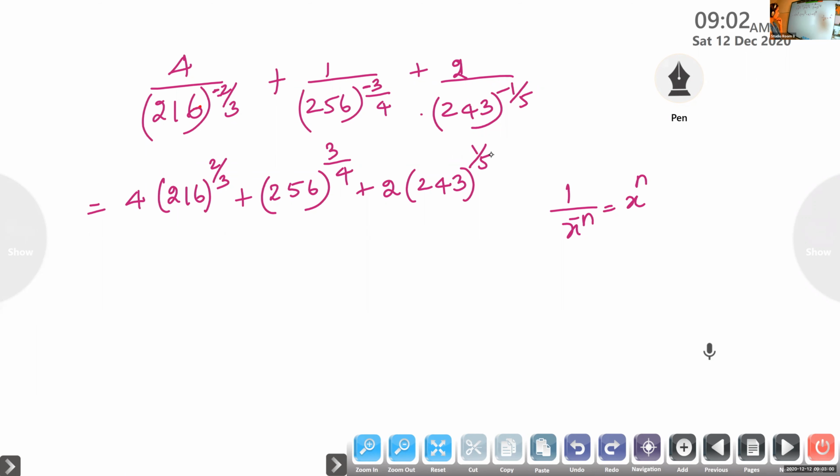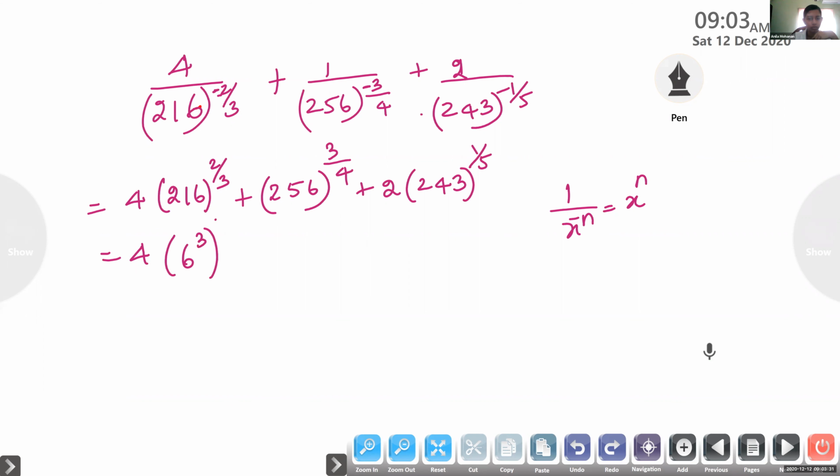How will you write 216 raised to 2 by 3? You can do the prime factorization. 216 is the cube of 6.